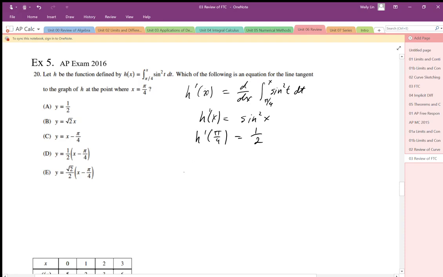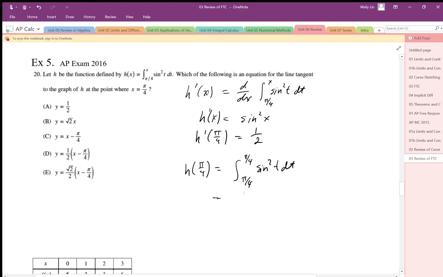So h of pi over 4 is equal to, the starting point is going to be 0, isn't it? We know that it's the integral from pi over 4 to pi over 4 of sine squared t dt.